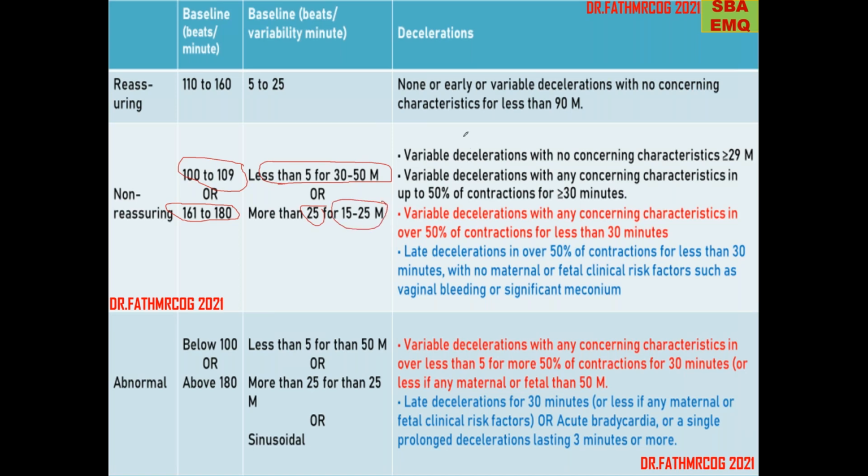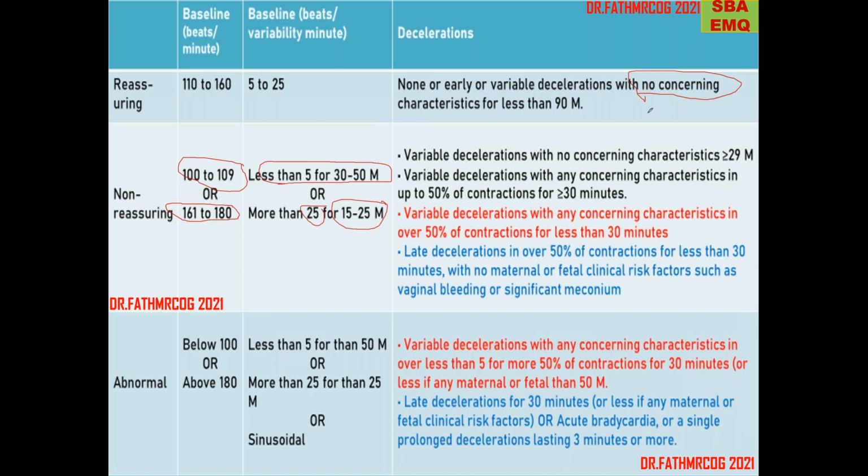And it is very important here to look at the deceleration, especially variable deceleration. Variable deceleration has many presentations, so you should classify it as either non-reassuring or abnormal. It depends on the duration and its relation to contraction. It is very important to know the concerning characteristics of variable deceleration.